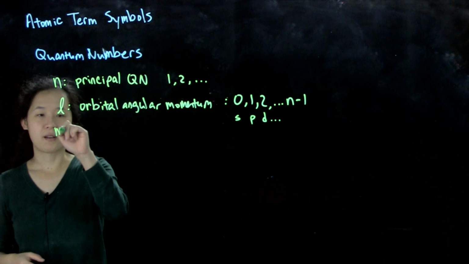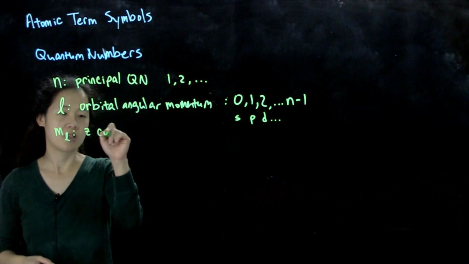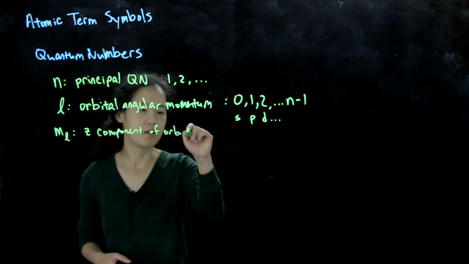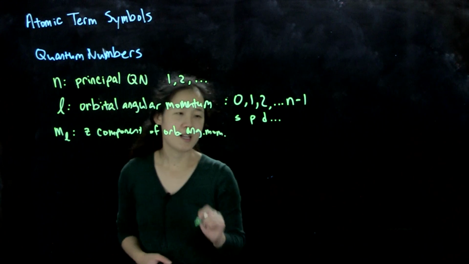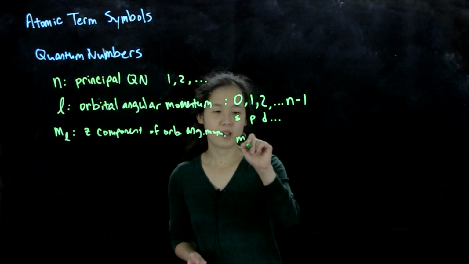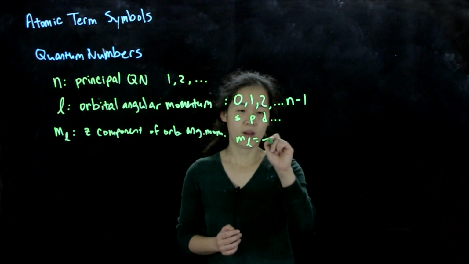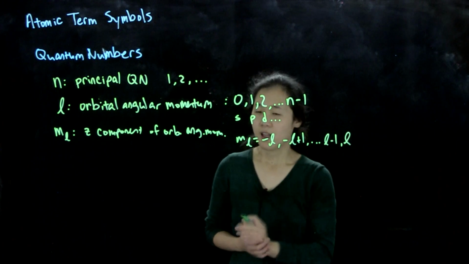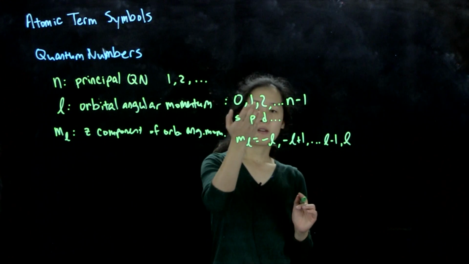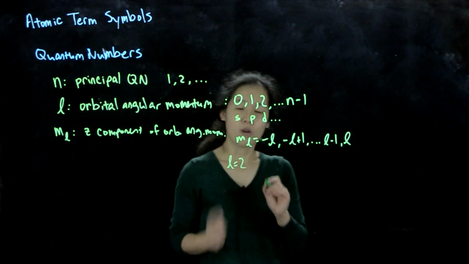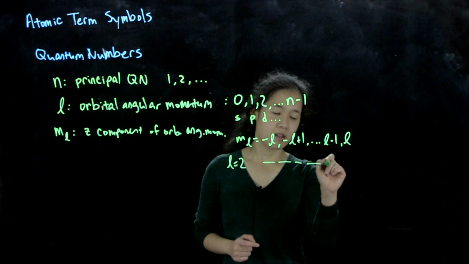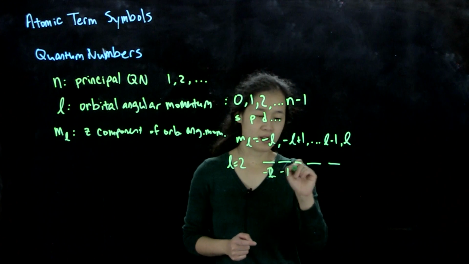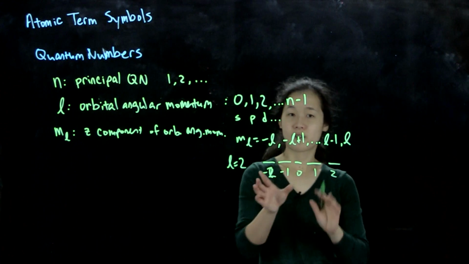So we also have to think about m sub L, which is the z component of orbital angular momentum. m sub L is going to be equal to a range: minus L, minus L plus 1, all the way to L minus 1, L. For example, if L equals 2, we're going to have 5 d orbitals, so m sub L is going to be minus 2, minus 1, 0, plus 1, plus 2. So these are the m sub Ls over here.